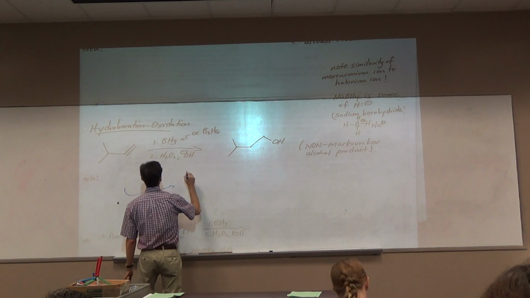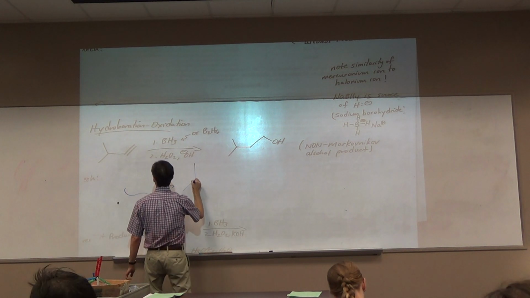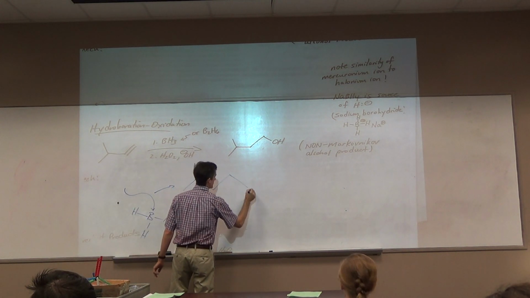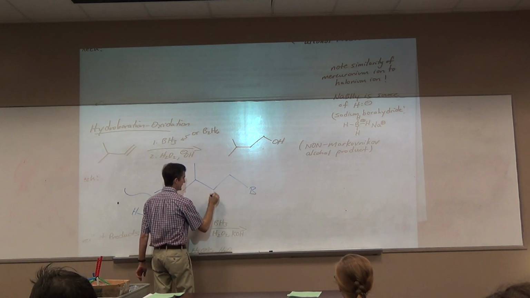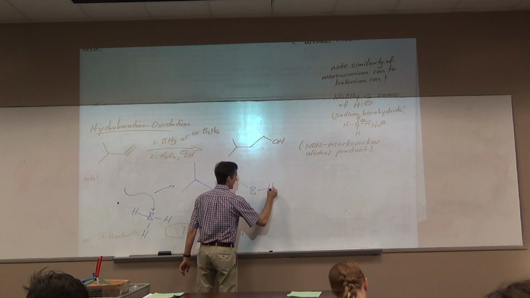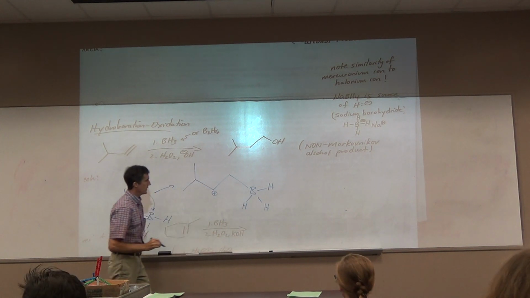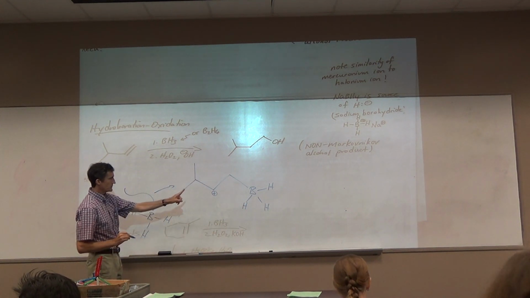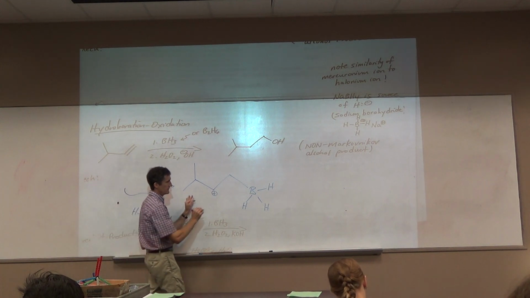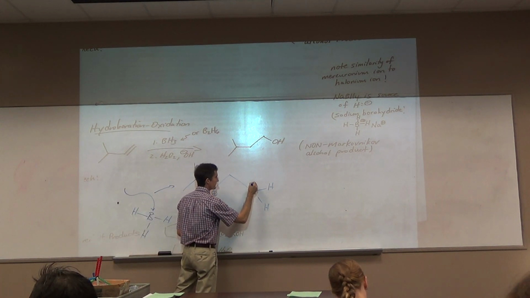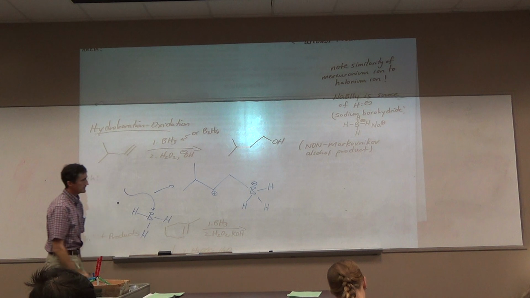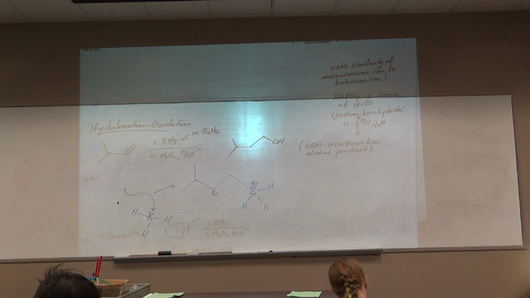It's going to give boron here, cation here, H, H, H. What's the charge of the boron now? Negative. We just saw a negative boron. That electron movement would give that.